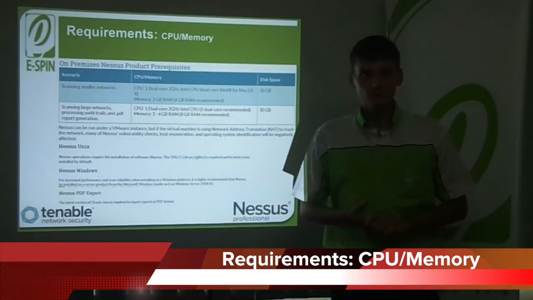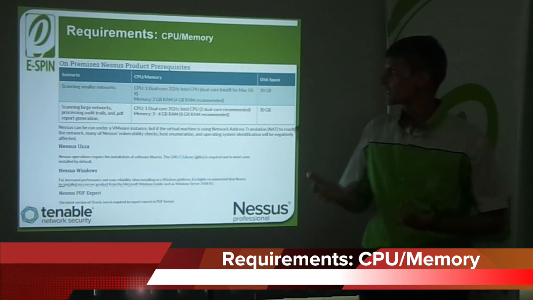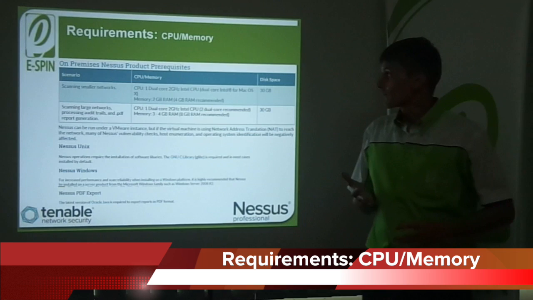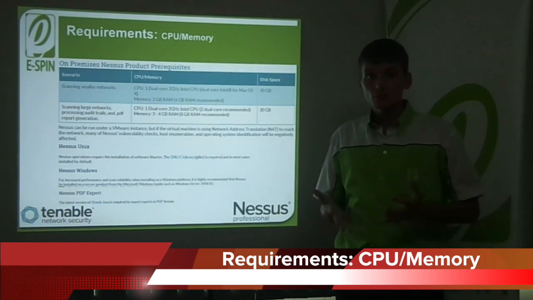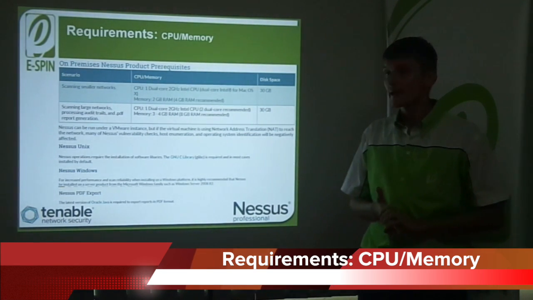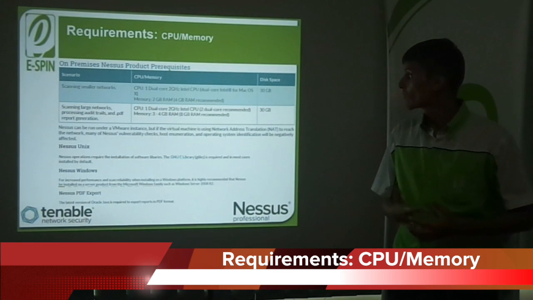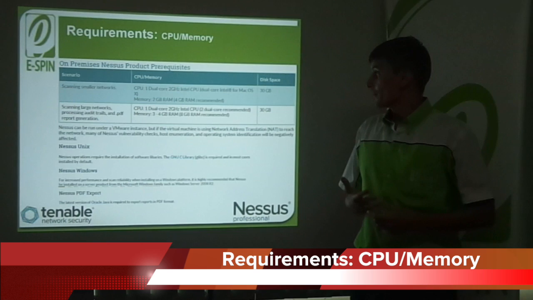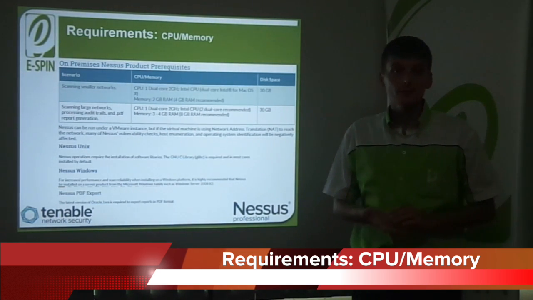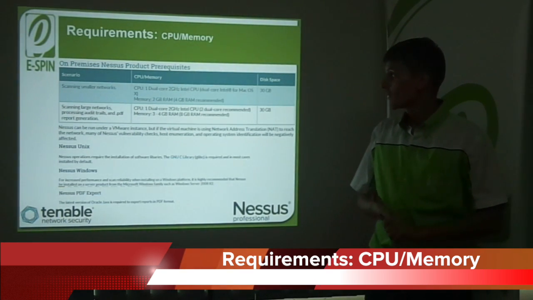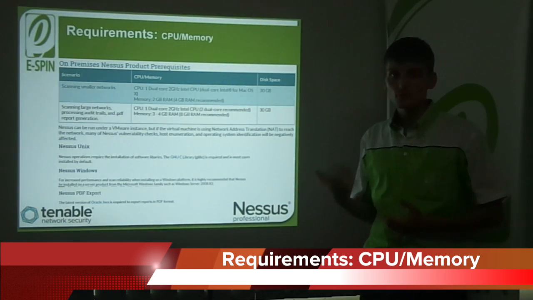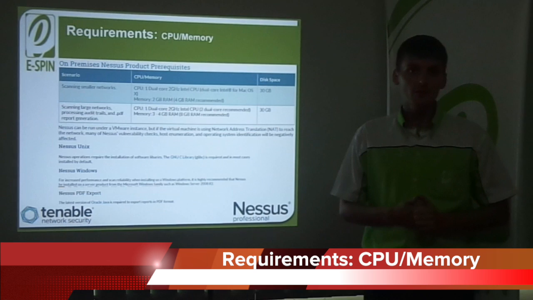Okay, and one of the important parts is the other set of requirements, CPU and memory. For the CPU it should be one dual core 2 GHz Intel CPU, dual core Intel for macOS, and memory 2 GB random access memory, or 4 GB is recommended. Disk space 30 GB at least.